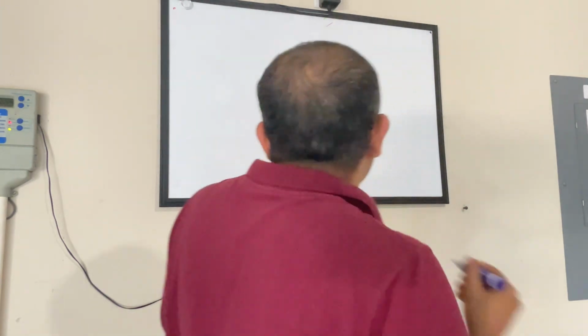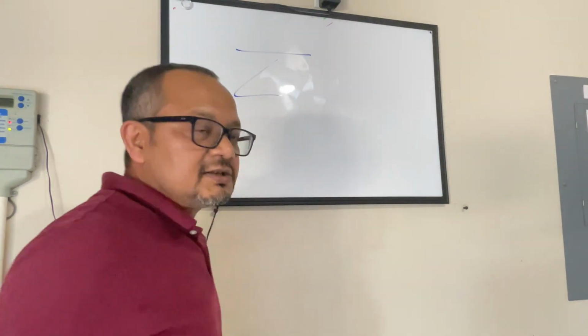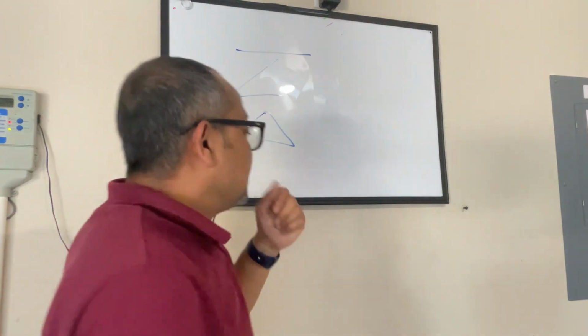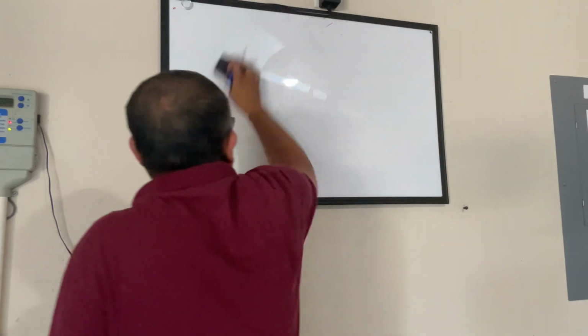Now, we started with lines, line segments and rays, then we went to 2, made angles, then we went to 3, made closed shapes called triangles. Now the next one is quadrilaterals.